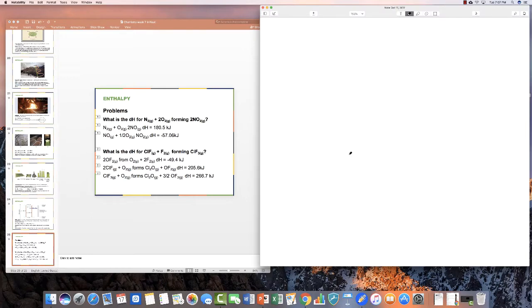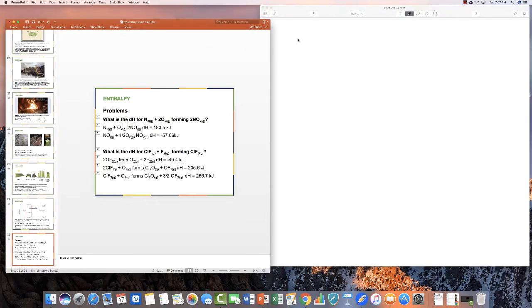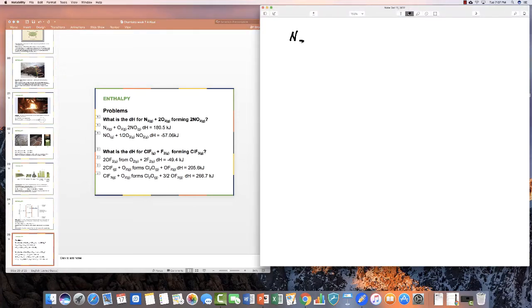So we want to see what the enthalpy is for this reaction: N2 plus 2O2 reacts to form 2NO2. This right here is what we want to end up with.